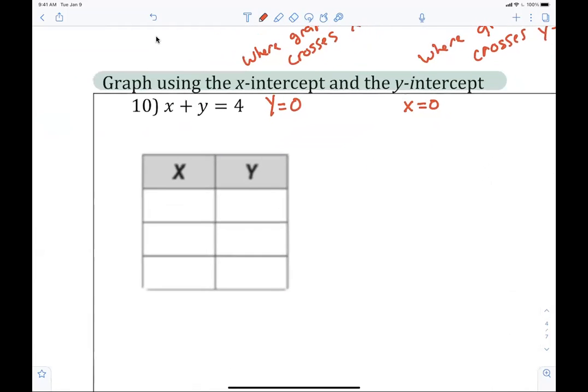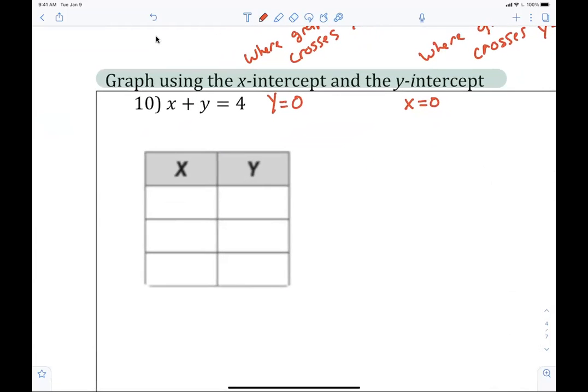All right, so now I'm trying to find the value of the x coordinate and the value of the y coordinate where it crosses the x and y axis. So in order to find the x-intercept, the y value is 0. And in order to find the y-intercept, the x value is 0.